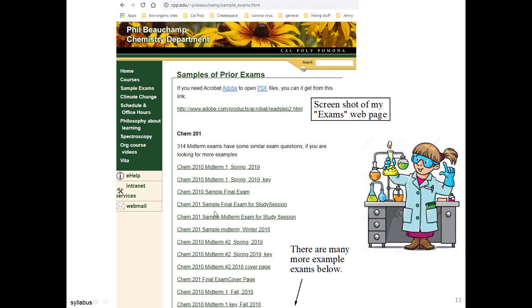When we met at Cal Poly face-to-face, I had 2 midterms, but grading over Blackboard is kind of difficult. So I just do 1 midterm now and a final exam. But anyway, you can see there's a lot of sample material here that you can take a look at. Here are some keys. Okay, so here's the exam, the blank exam, here's the key, and so forth. Final exam. So I have midterms and finals in here. All right.